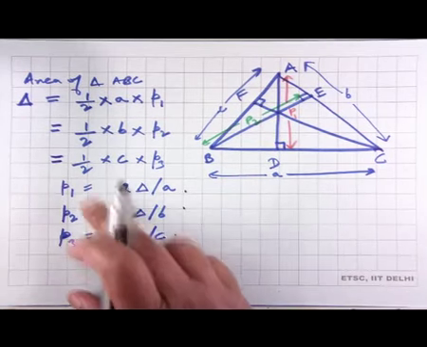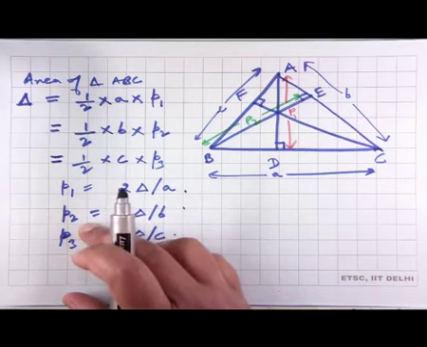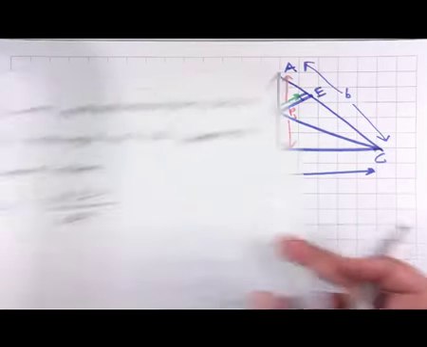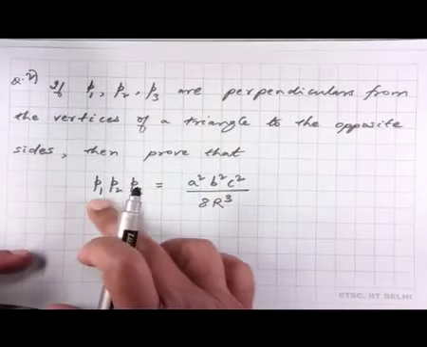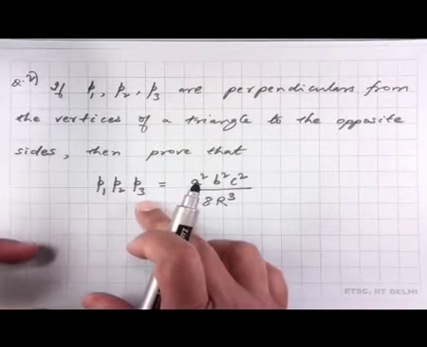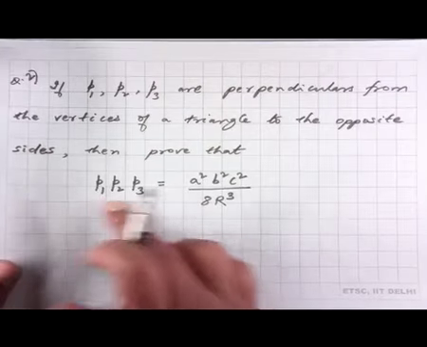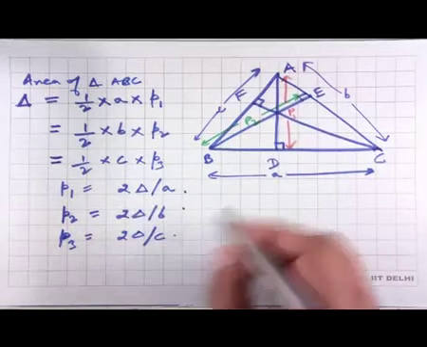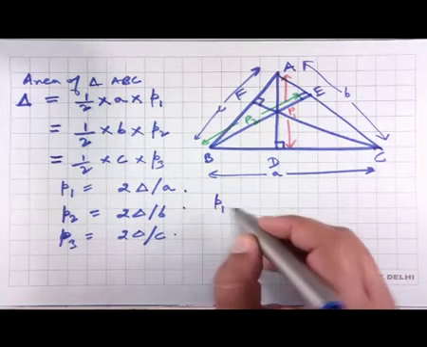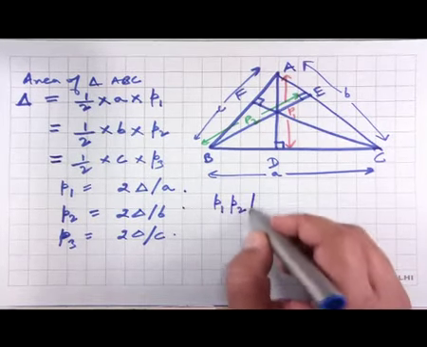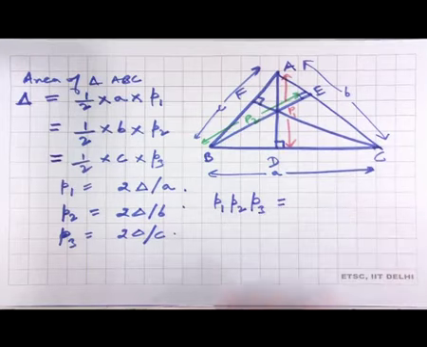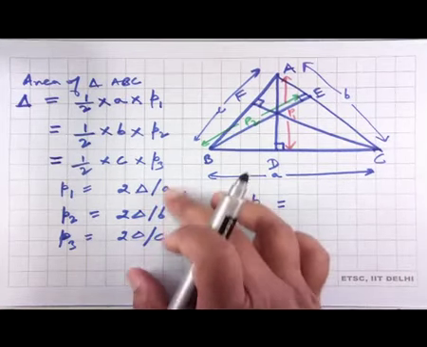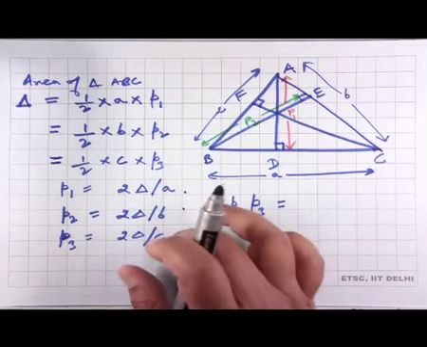The reason I expressed P1, P2 and P3 in terms of delta and A is because we need to calculate the product of P1, P2, P3 on the left hand side. So, if we take the product now, we get P1, P2, P3 equal to, so we multiply all these expressions on the right hand side.